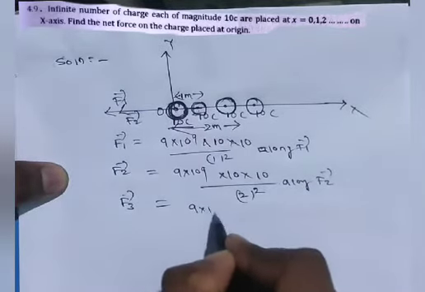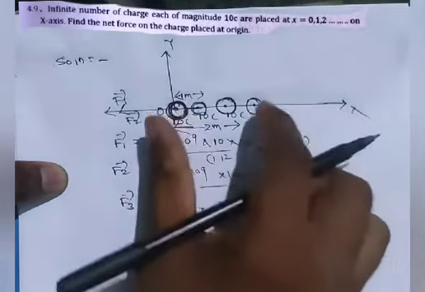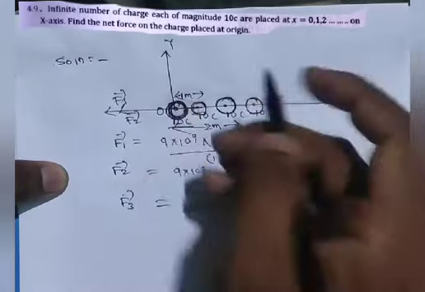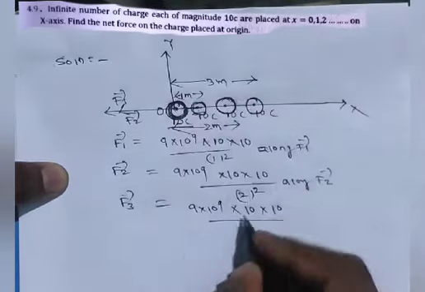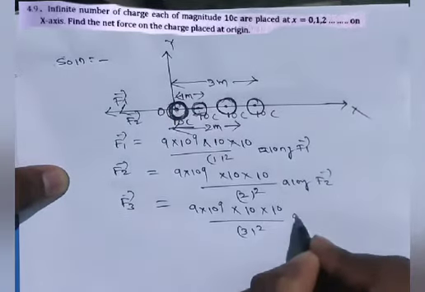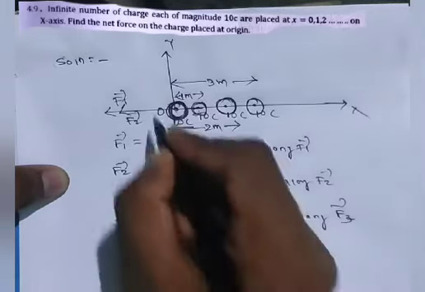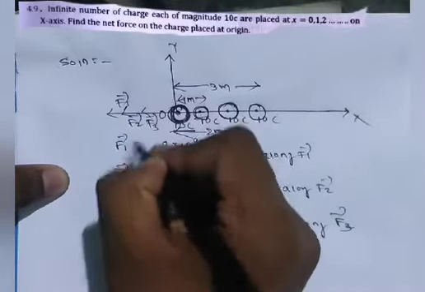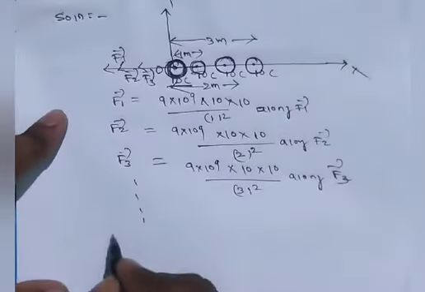So it will be 9 into 10 to the power 9. Q1 is 10, Q2 is also the same, but the distance is now 3, so 3 square. That will also be directed along F3, and similarly so on.